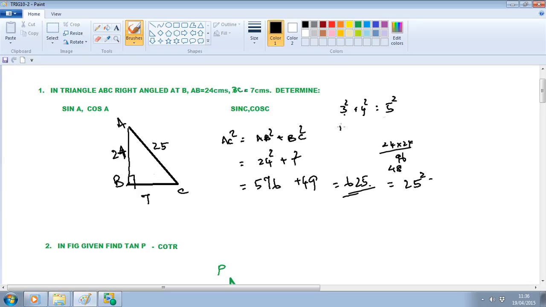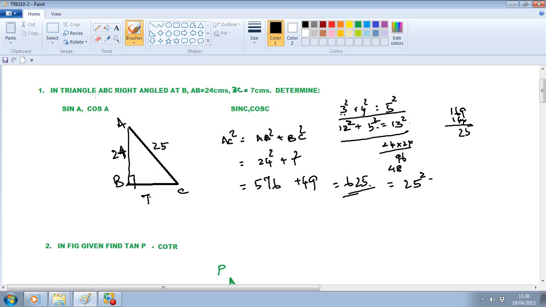Or 12 and 5: 13 square is 169, 12 square is 144, and the difference is 25, which is 5 square. These three we deal with very often: 3, 4, 5; 12, 5, 13; or 24, 7, 25.